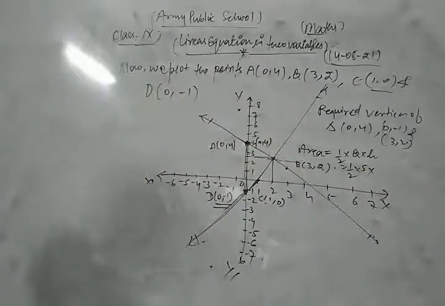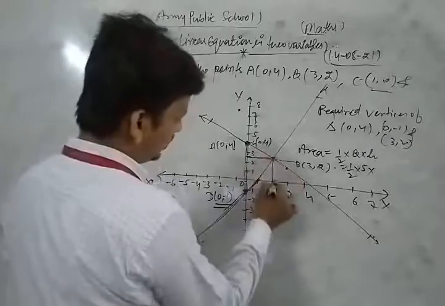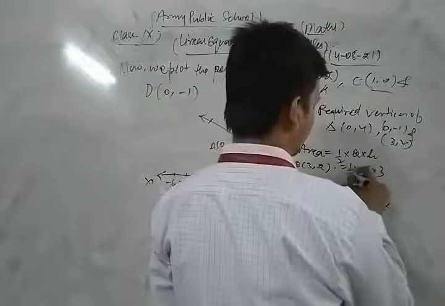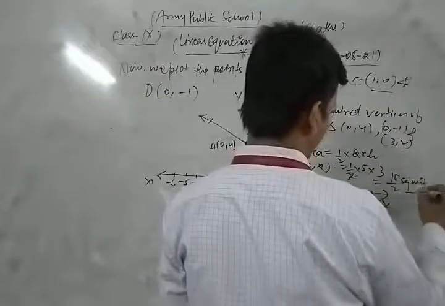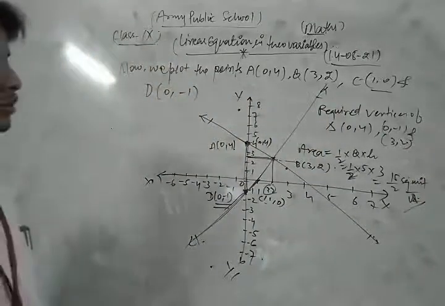The height is 3. This is the height, no? So 1 upon 2 into 5 into 3 is 15 upon 2 square units. This is the required solution of the given question.